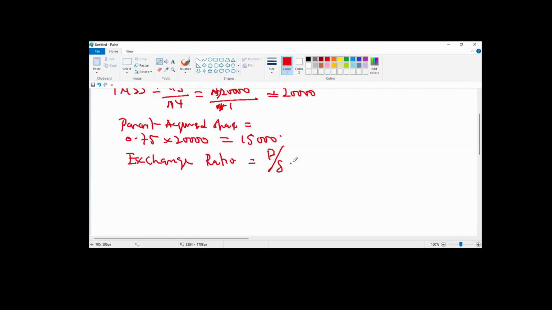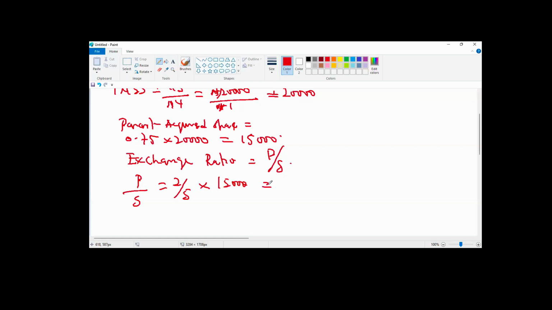Let's read further. The question says, by means of immediate share exchange of 2 shares in PEP, the parent now, for 5 shares in more. Oh, parent over subsidiary. 2/5 times how many shares he acquired? 15,000.